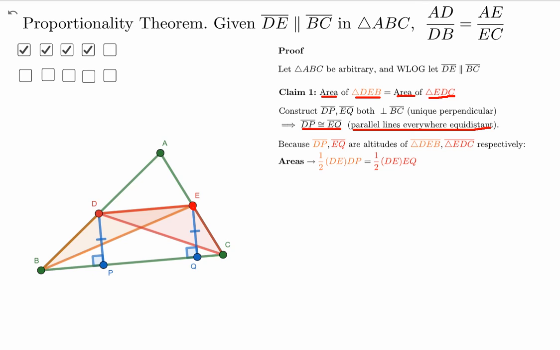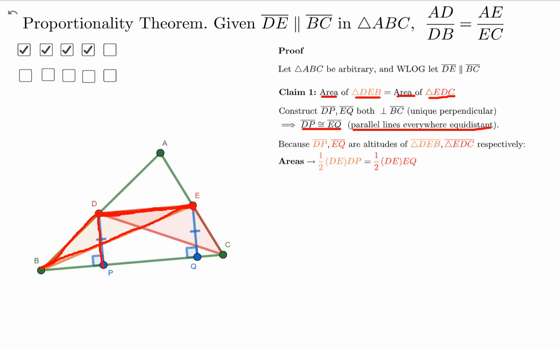Now, oh, and now that they're congruent, they're also the altitudes of these triangles. Okay, this is why the areas are equal. Sorry, right? So if I look at this orange triangle, one way to calculate its area is to take the altitude times this base here, right?